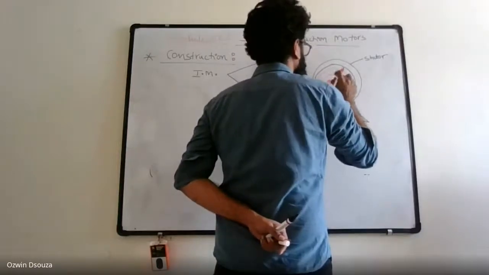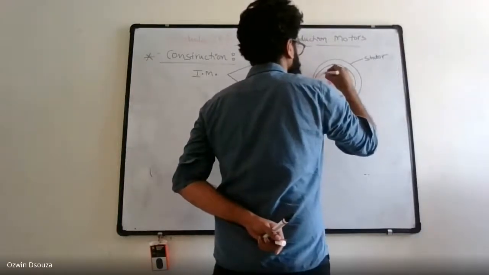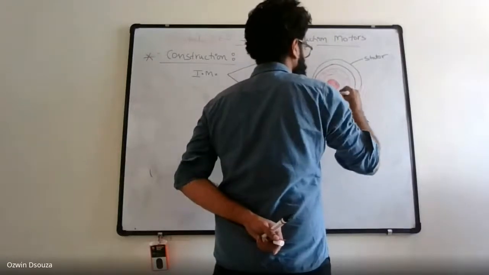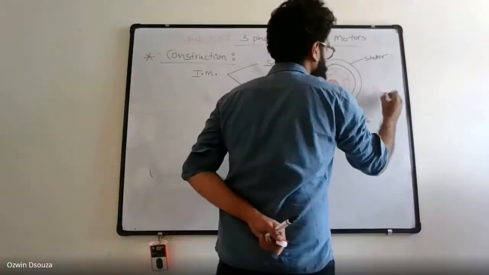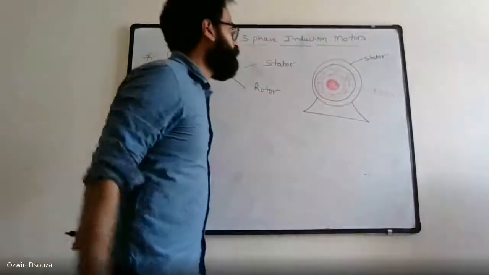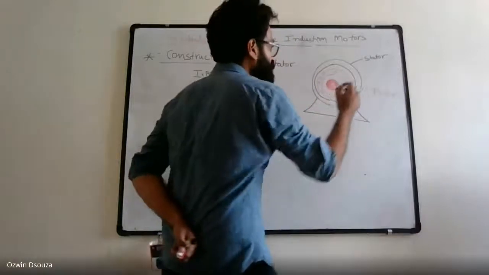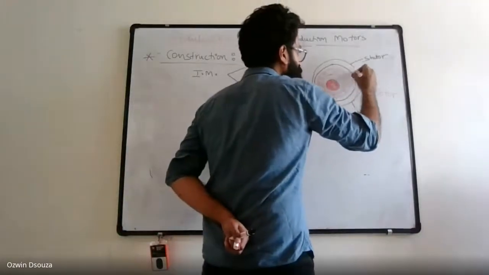This is the shaft. This is your rotor. The stator and rotor are separated by a small clearance.